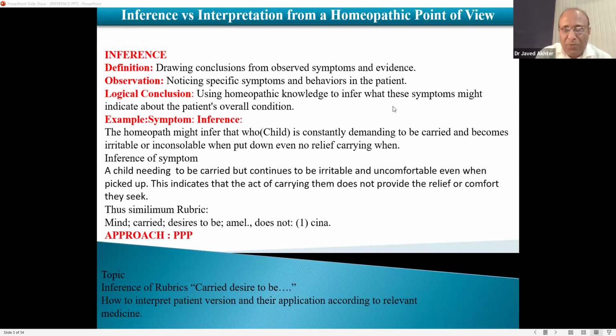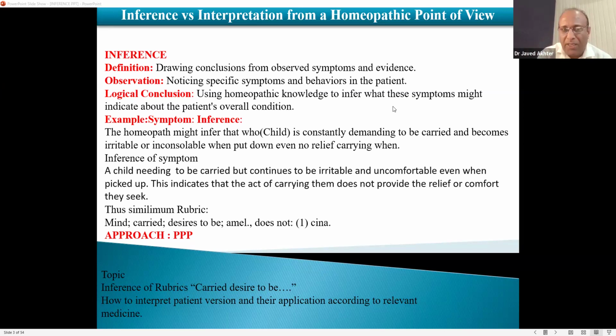Example: the homeopath might infer that the child is constantly demanding to be carried and becomes irritable or inconsolable when put down, with no relief even when carried. What is the inference of this symptom? A child needing to be carried but continuing to be irritable and uncomfortable even when picked up indicates that the act of carrying does not provide the relief or comfort they seek.